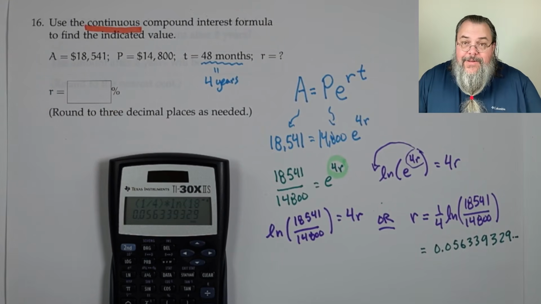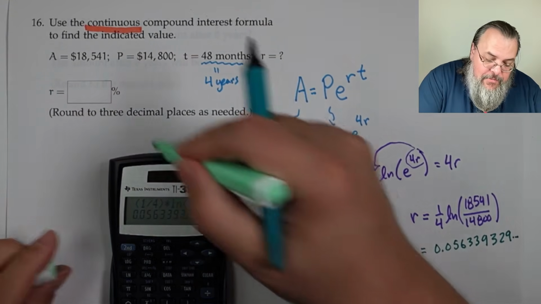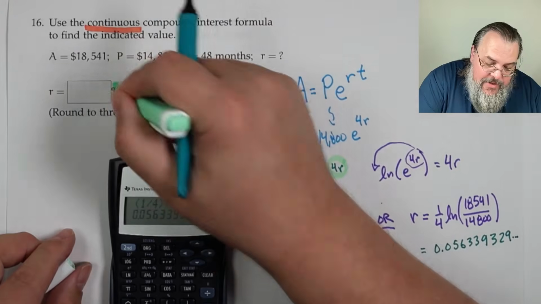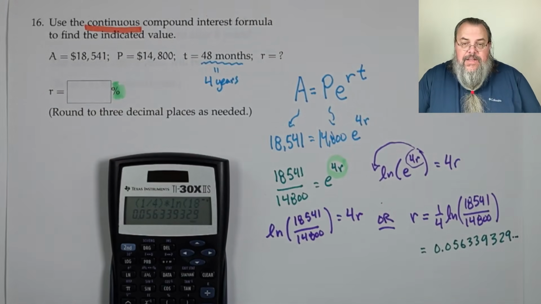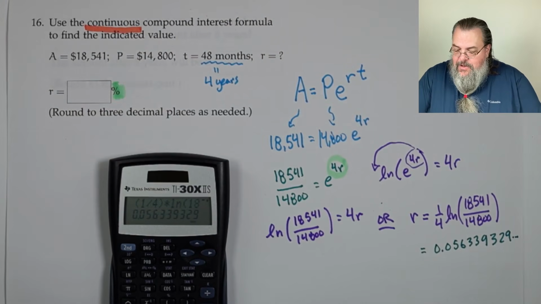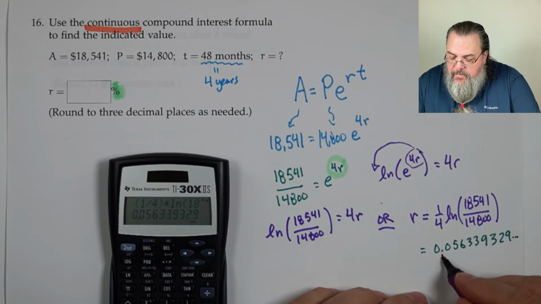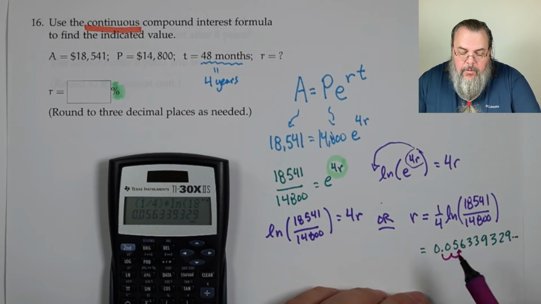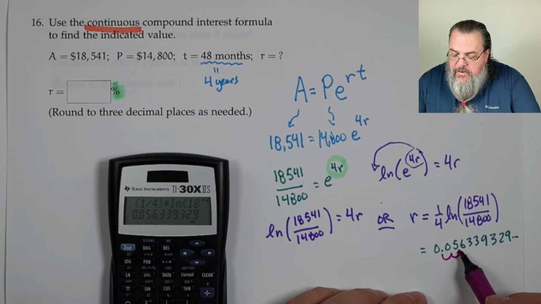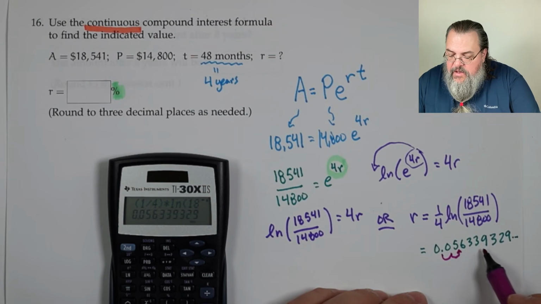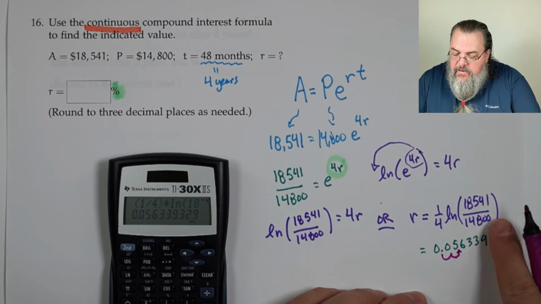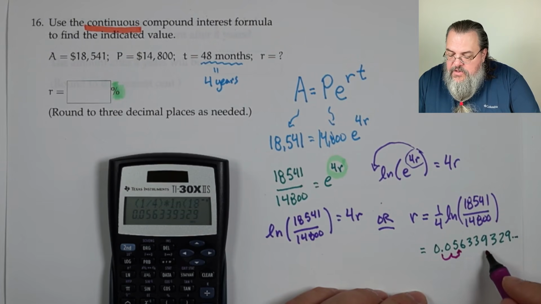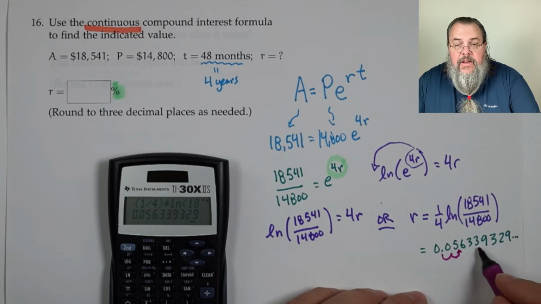Now, notice this is asking it as a percent. So be careful. Check what it's asking for. Since it's asking it as a percent, we need to move our decimal place over 2 spots. So we're going to start with 5, and then we're going to round to 3 decimal points. So we're going to have 5.63. And notice the next thing after, we then check, should we round up or down in the last one?